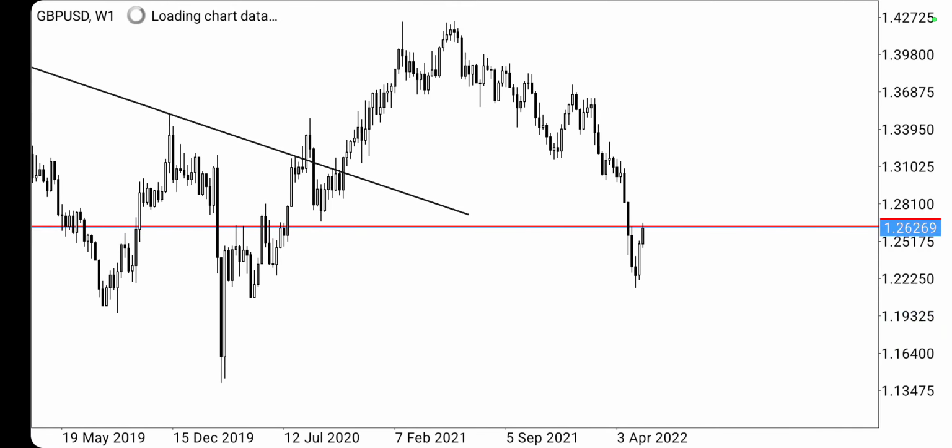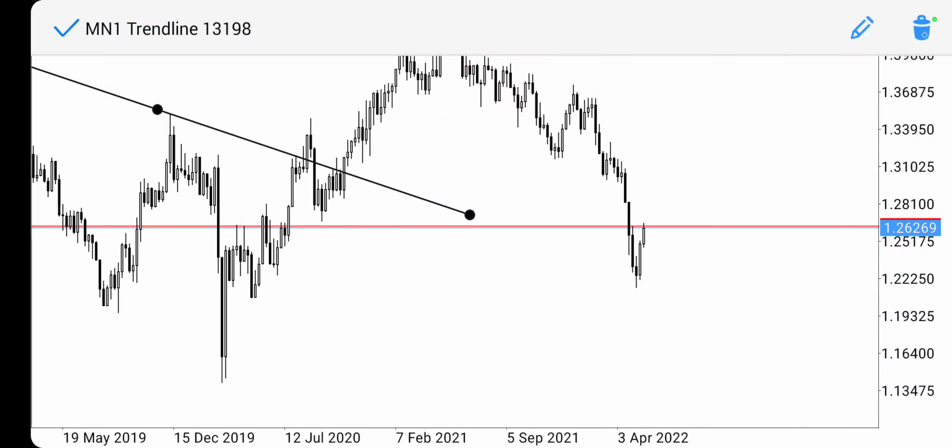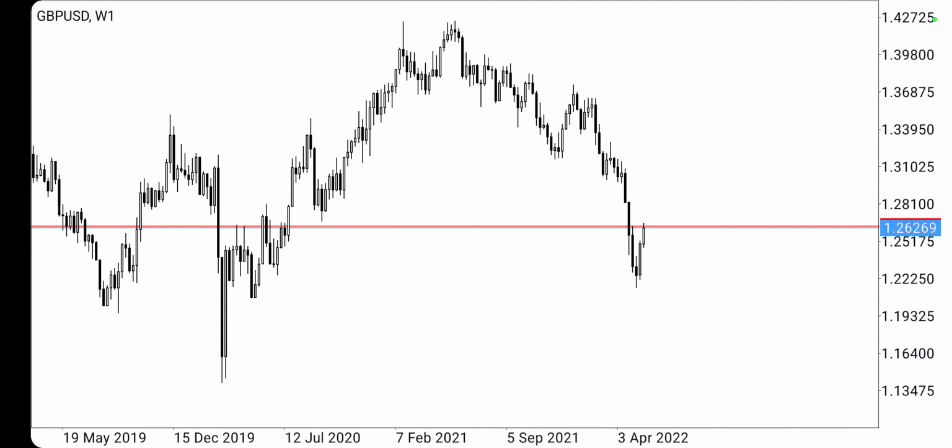Let's check weekly. On weekly, we can say that the price was moving up nicely, giving us a trend line there. So let's remove this. It's not going to help us, so let's take it off our chart. So the price was going up, we had this, and then it got broken, and then the demand here got violated.